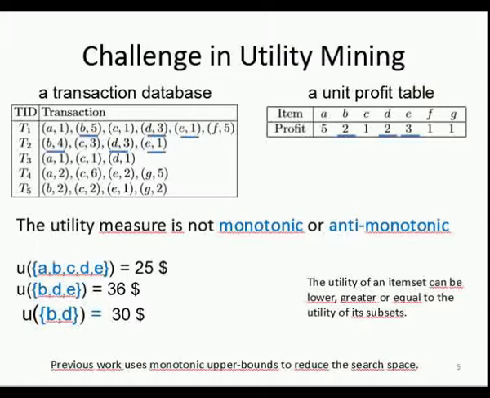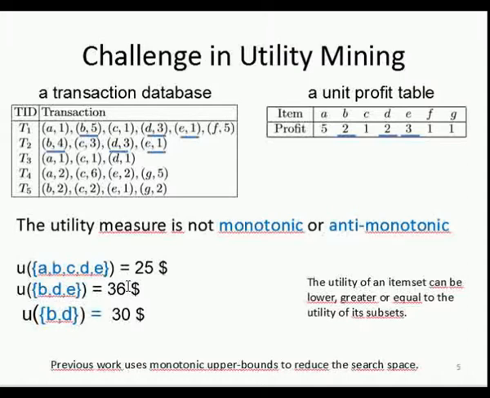So one challenge is that the utility measure is not monotonic or anti-monotonic. So what that means, okay. It means if you have an item set like BDE with a utility of $36, for example, if you look at the supersets of BDE or the subsets of BDE, then these subsets or supersets can have a utility that is greater or smaller than BDE.